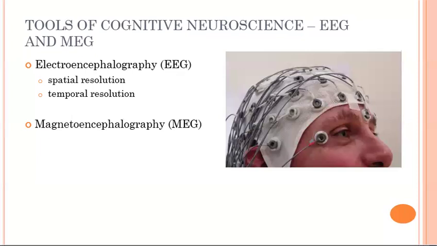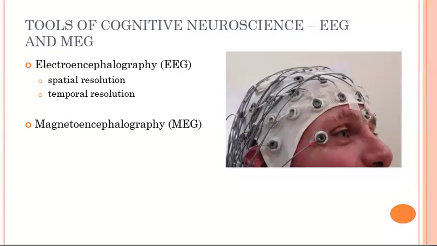High-density electrode coverage from a cap with 256 electrodes, like the one that you see on the slide right here, and sophisticated analysis algorithms are used for localization. Thus, EEG's spatial resolution, its ability to pinpoint where activity occurs in the brain, is relatively low. Conversely, EEG's temporal resolution is excellent and indicates when something happens in the brain within millisecond precision.